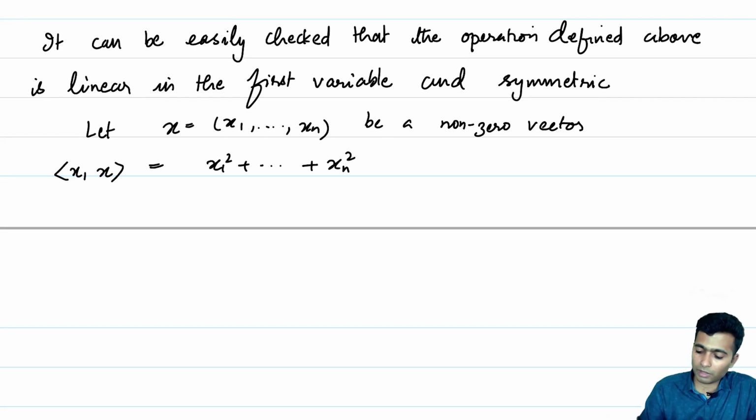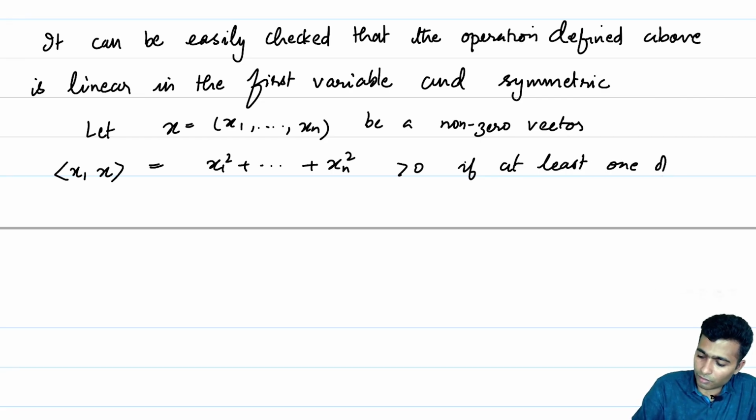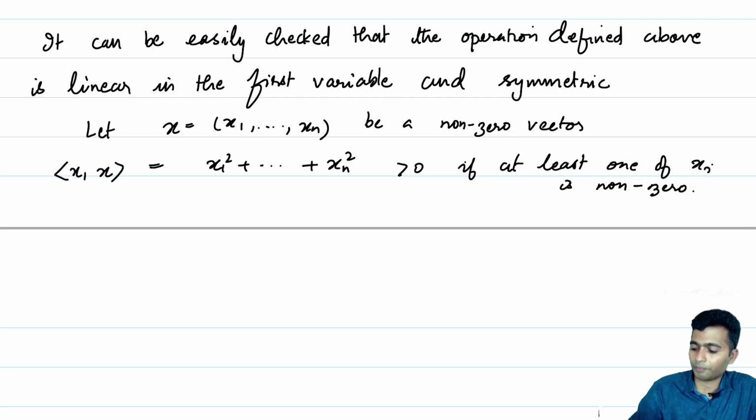It will not be 0, which is greater than 0 if at least one of xi is non-zero. So yes, in the case of a non-zero vector in Rn, the inner product of the vector with itself is a positive number. Alright, so this is indeed an inner product on Rn.